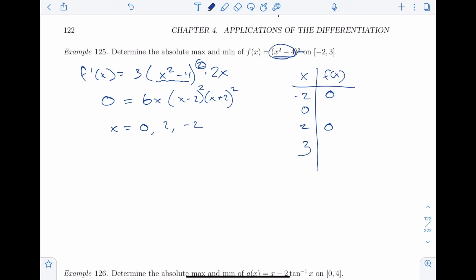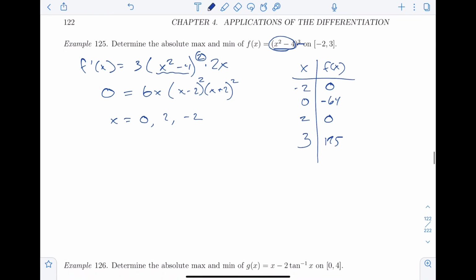That's -64. And when I plug in 3, I get 3 squared is 9. 9 minus 4 is 5. 5 cubed is 125. So we didn't need a calculator on that one. So what's the absolute max? Absolute max is 125. Absolute min is -64.